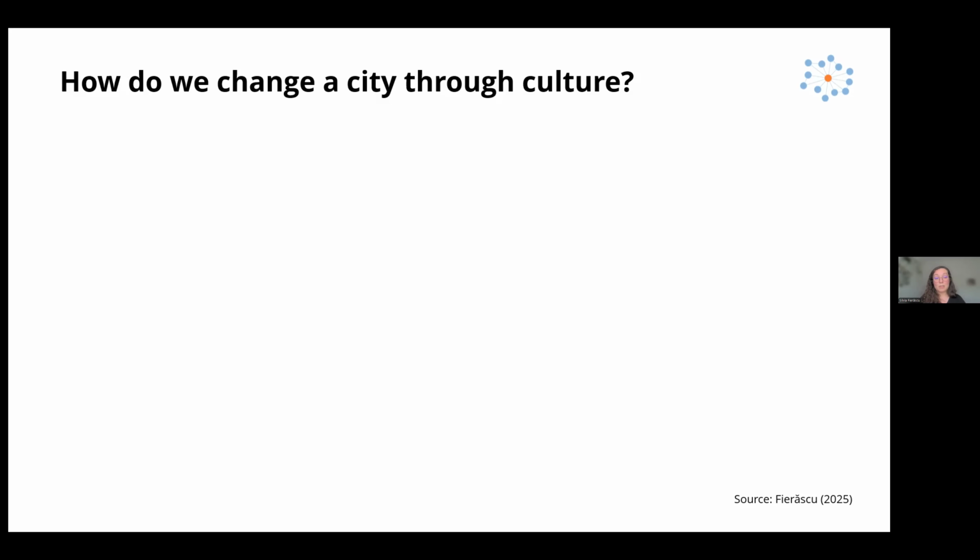So let me show you what the network analysis revealed. I remind you here that a node is an organization. A link is a partnership contract signed between two organizations that received money in order to implement cultural projects in Timișoara.